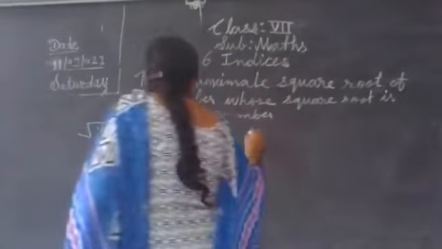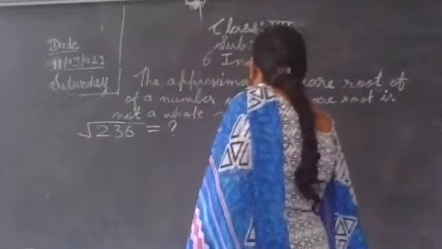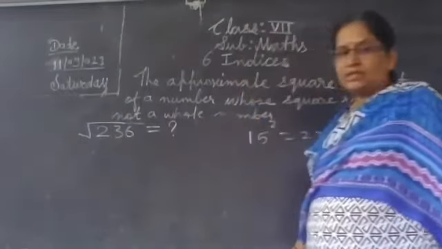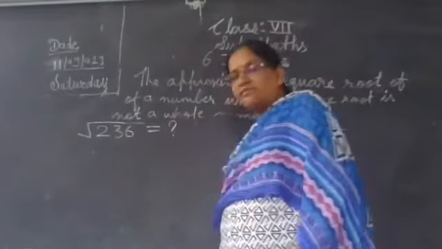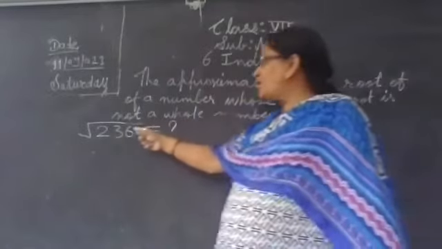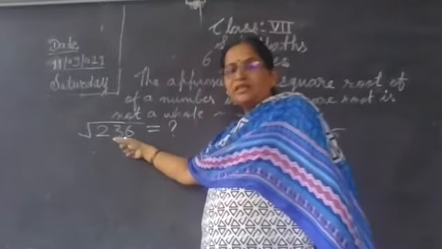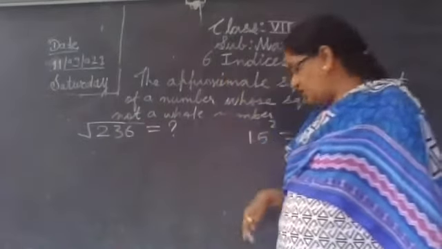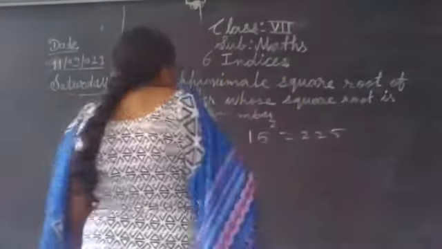So children, the perfect square of 15 is 225. And here is 236. That means this number's square root is greater than 15 but less than 16. Okay, it is 236.